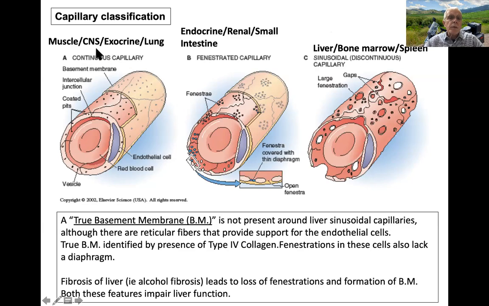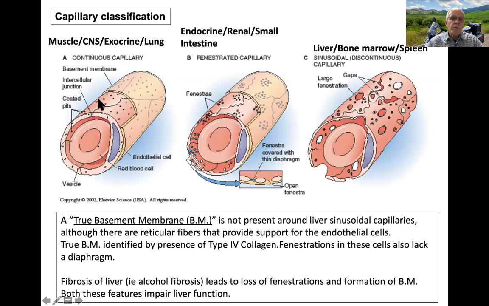The first one's called a continuous capillary. Now, the reason it's called a continuous type capillary is that the endothelial cells that make up the capillary, first of all, have no fenestrations or windows in the tube. The individual endothelial cells are anchored all along their sides to each other. So in other words, this here is part of a cell.